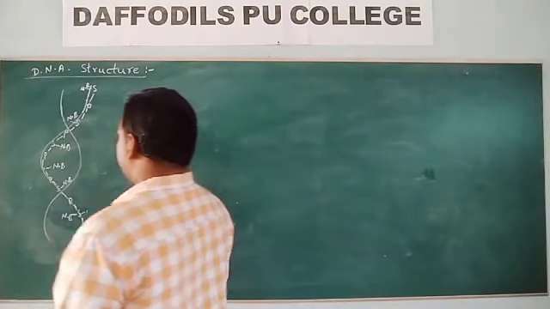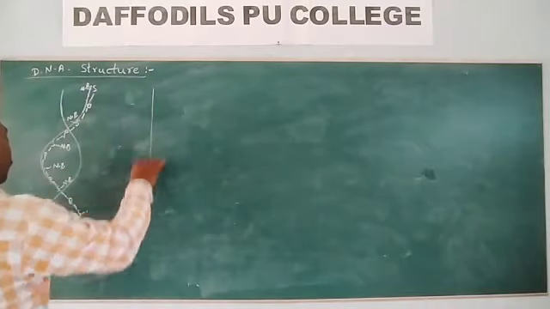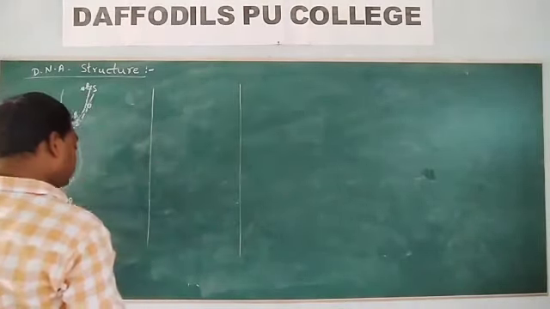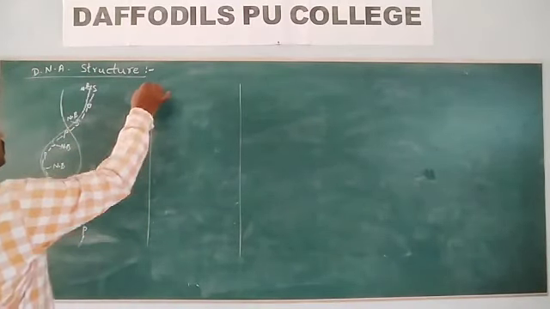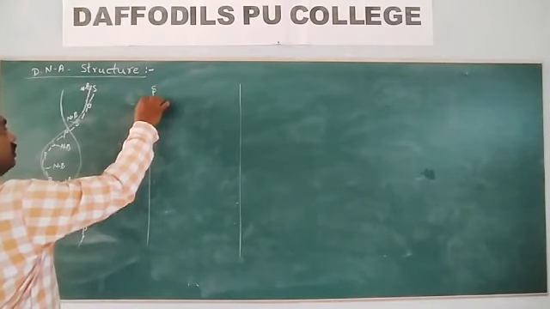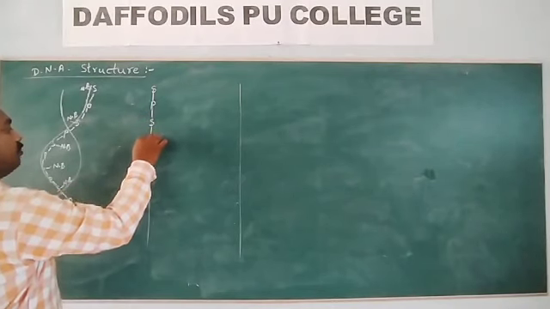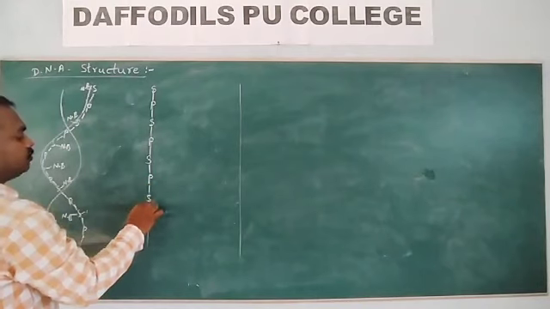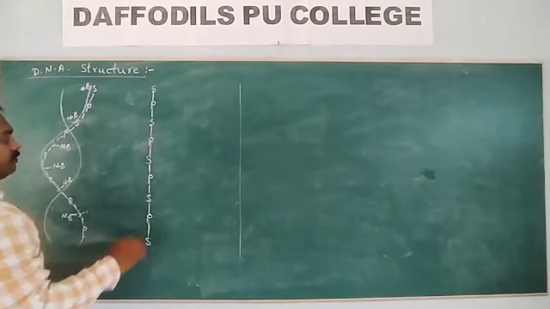Now what I am doing is unfolding these strands, showing the 2 strands by unfolding these helical structures. So this is a strand, and this is the sugar moiety, and this one is bonded with phosphate. This is another sugar moiety, phosphate, sugar, phosphate, sugar, like that.